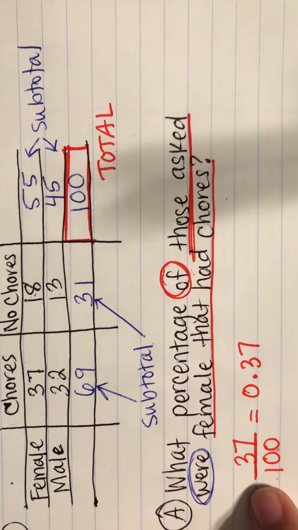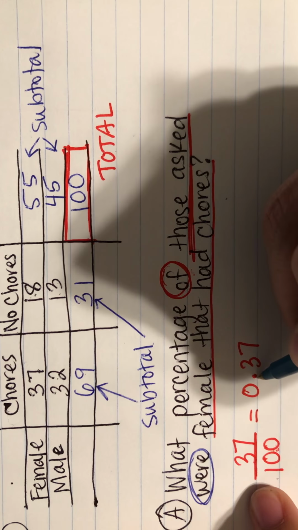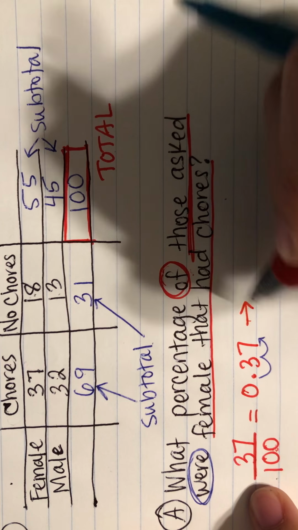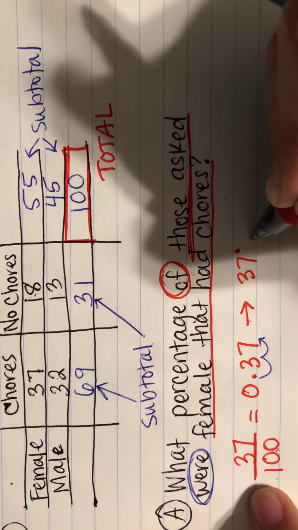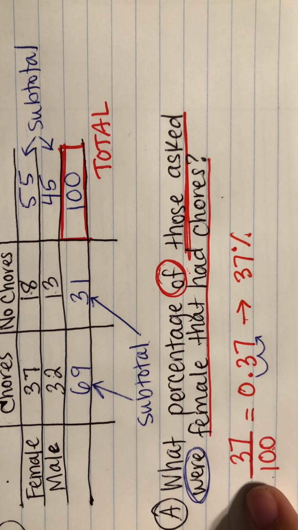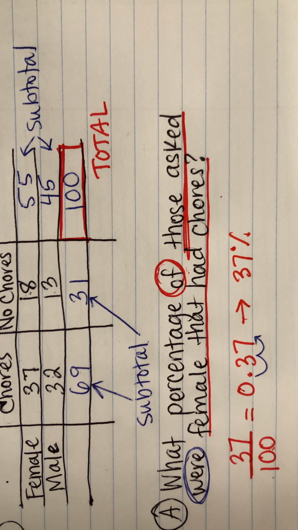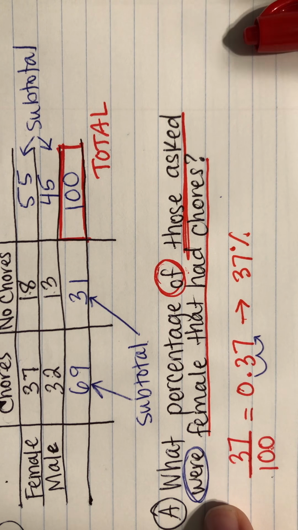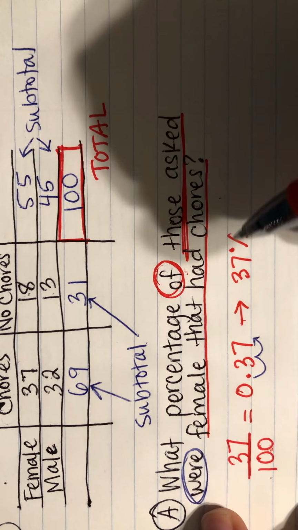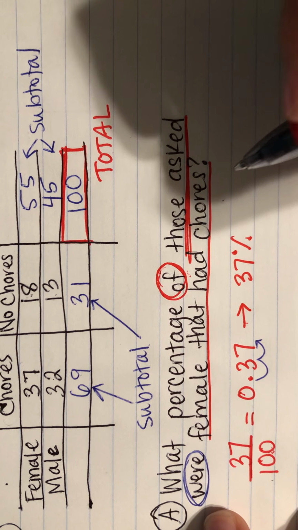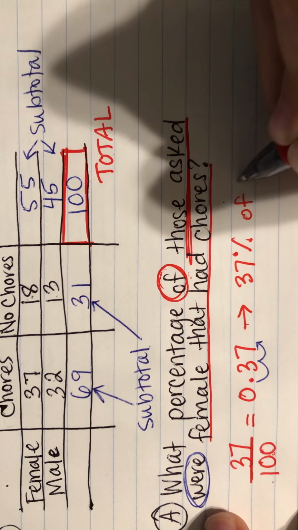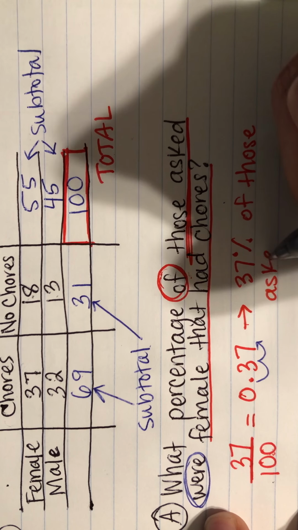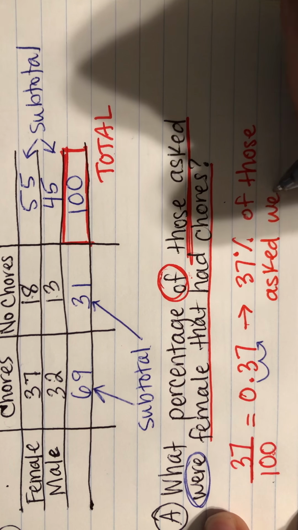And to turn a decimal into a percent, you just move the decimal twice to the right, which turns into 37%. So now you answer the question. What percent of those asked were female that had chores? So you write 37% of those asked were females with chores.